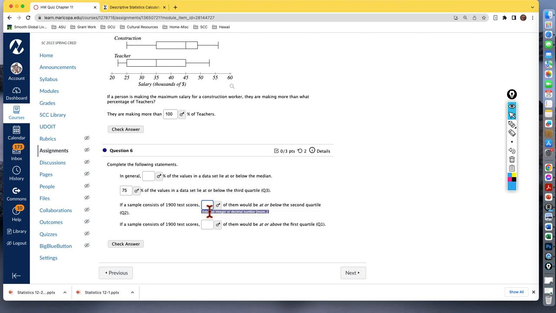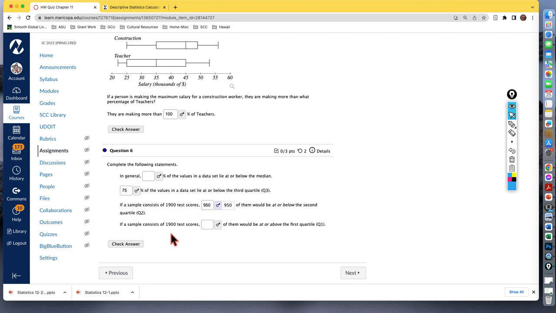Either times 0.5, because that's 50%, or divided by 2, you'll get the same answer. 950. And for this one, it's 1,900, and so we want half of that. So 1,900 divided by 2, 950. Again, you may have a different number in there, but it's just basically an application.